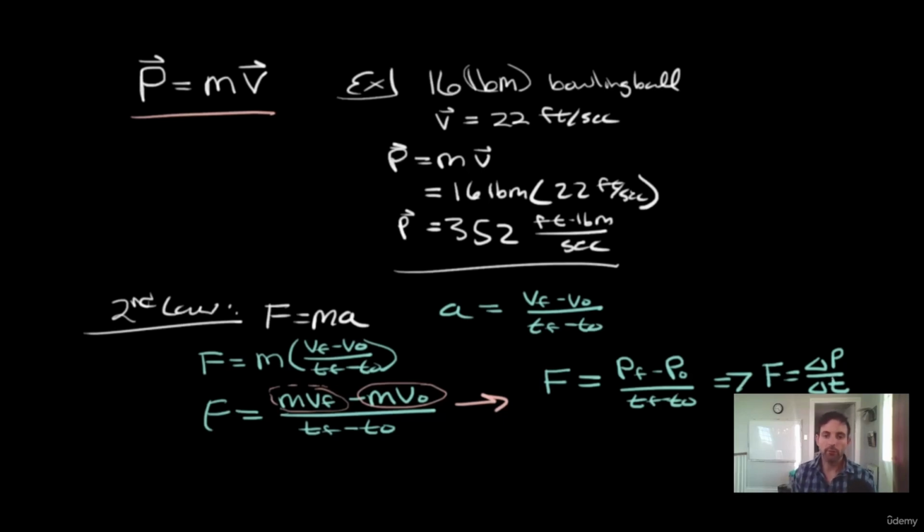So now we have a direct relationship between force and momentum. Now, that might sound cool, or it might not sound so cool to you right now. So let's do a cool example.